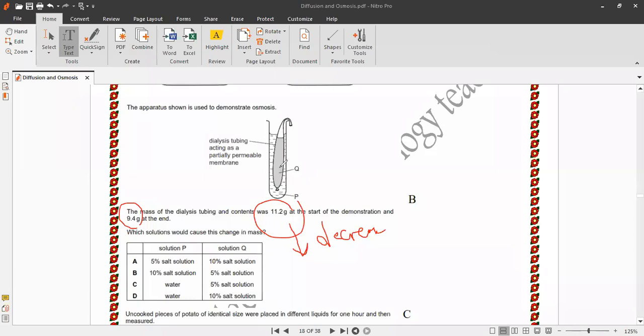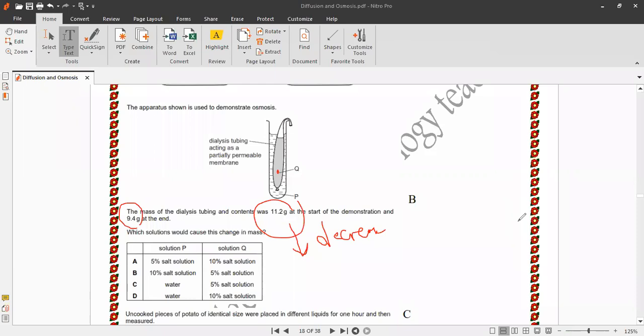So here Q, the mass decreases, because here what happens? What happens? That causes the mass to decrease.